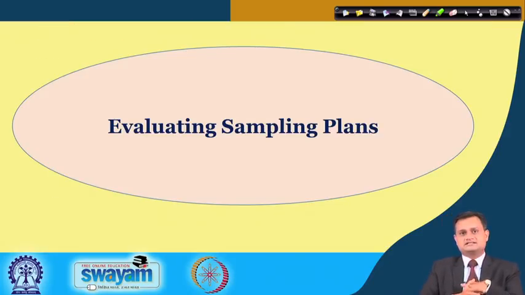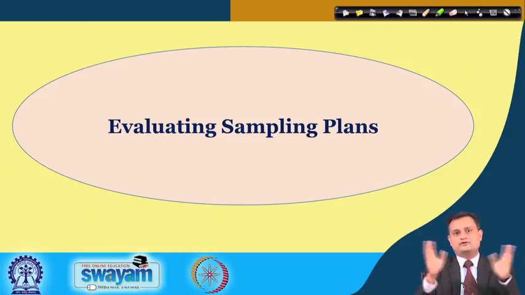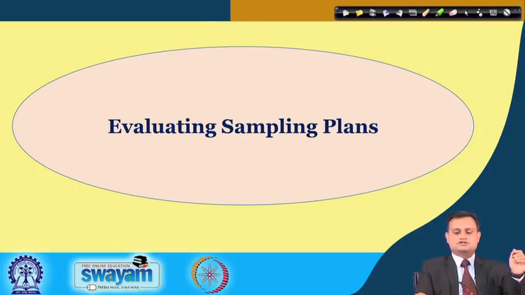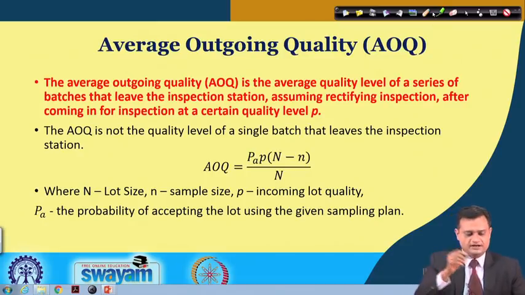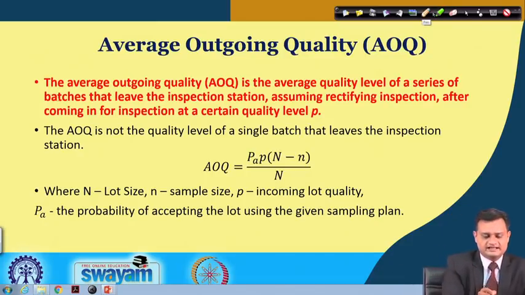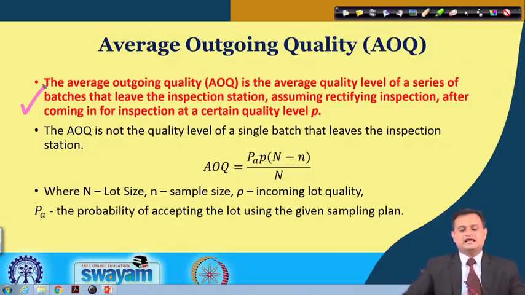Evaluating sampling plans, this is an important thing. So we will try to see a couple of performance measures. Number one, which is very important, is average outgoing quality. So please try to appreciate this properly. Average outgoing quality is the average quality level of a series of batches.